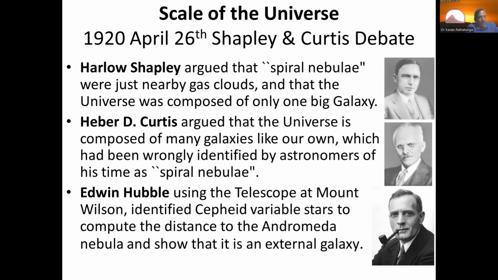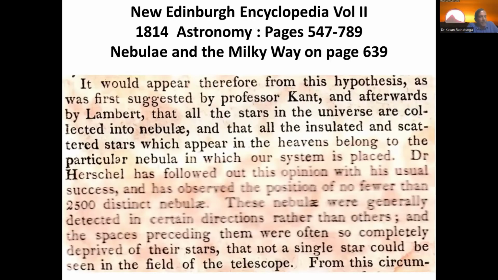So it's interesting that the history of science claims it was only 100 years ago that we discovered we were a galaxy on our own, and there were external galaxies. But I have a book published in 1814 on astronomy that very exactly describes what was supposed to have been discovered in the 1920s.